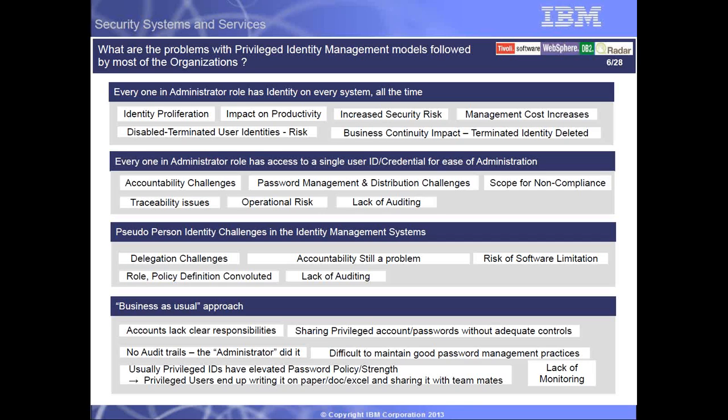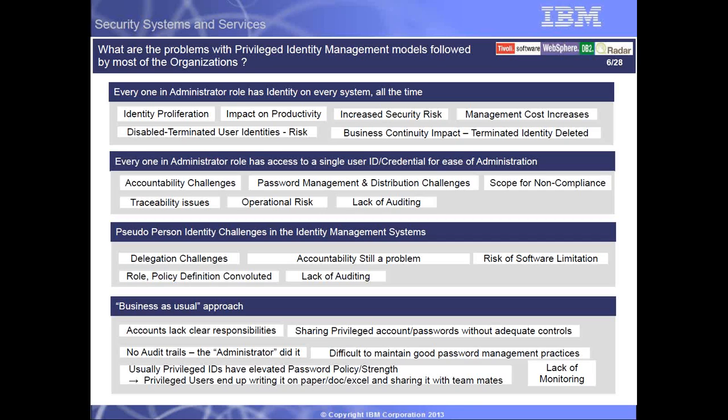Second, everyone in an administrator role has access to a single user ID credential for ease of administration. So that's where we are talking about shared IDs. There are privileged IDs like root. Root might be shared across administrators because of the convenience. Still, you somehow could manage with sudo access, but there are systems where you can't have sudo type of access.